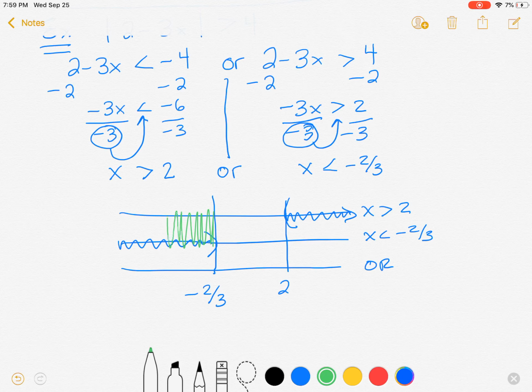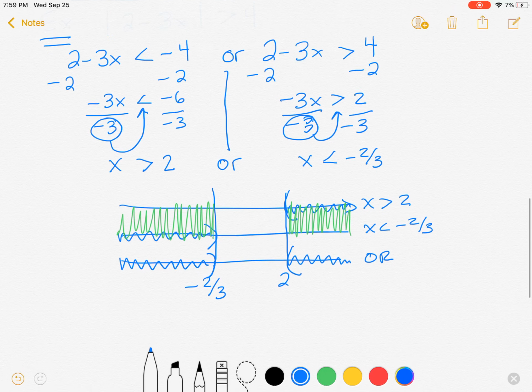So I'm shading everything here, and I'm shading everything here. So when I come to do my answer, it's going to be everything left of -2/3 and everything right of +2.